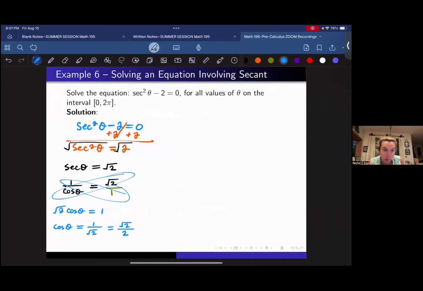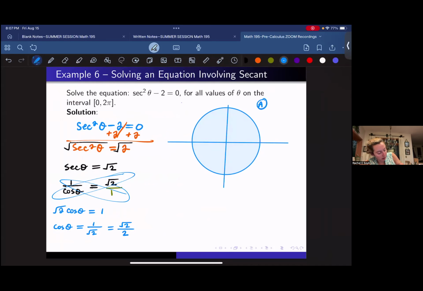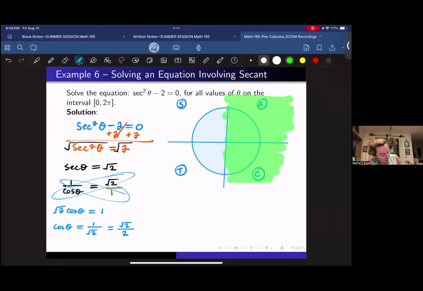Once again, 45-degree variations, aka pi over 4. Draw out our unit circle to the side here, put in our acronyms. We're looking at values where this is positive. So we're going to highlight our first quadrant and then our fourth because it's cosine related functions that are positive.